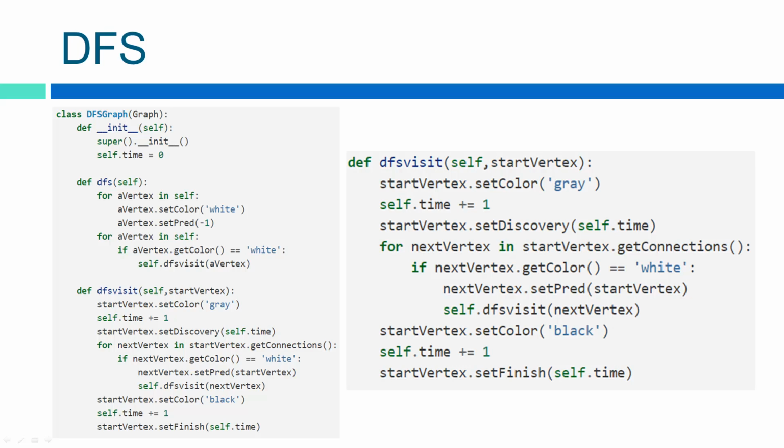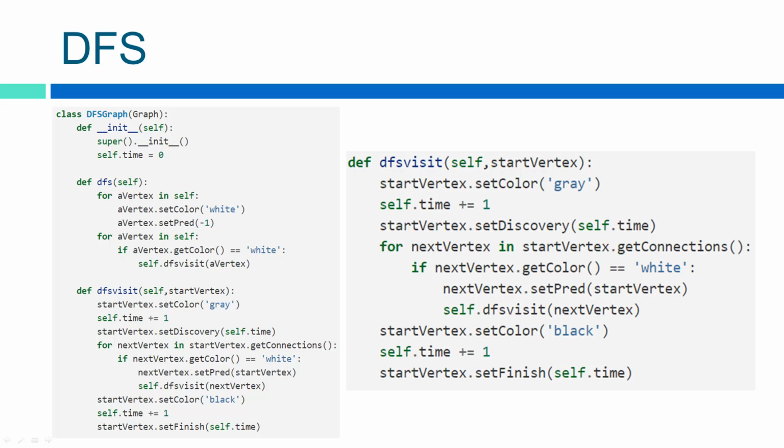The DFS visit method starts with a single vertex called start vertex, and then explores all the neighboring white vertices as deeply as possible. If you look carefully at the code for DFS visit and compare it to the breadth first search, or BFS, you'll notice that the DFS visit algorithm is actually almost identical to BFS, except for the last line of the inner for loop.